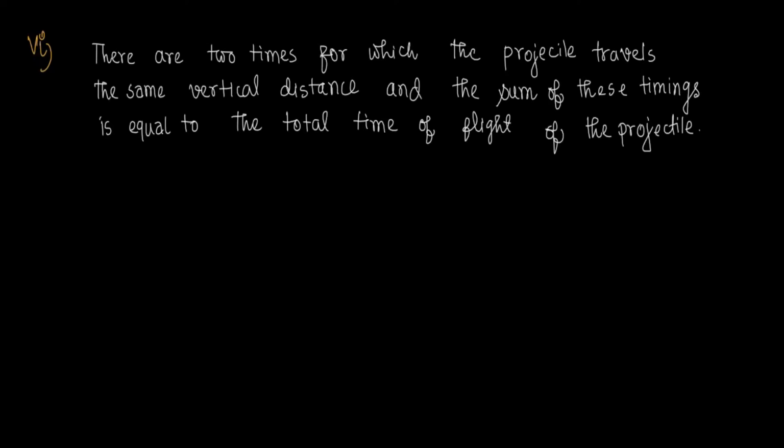There are two times for which the projectile travels the same vertical distance; the sum of these two timings is equal to the total time of flight of the projectile.